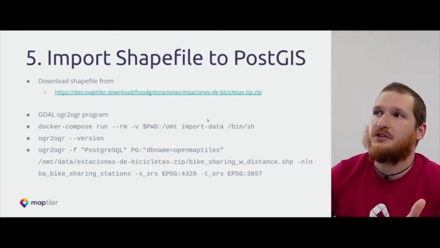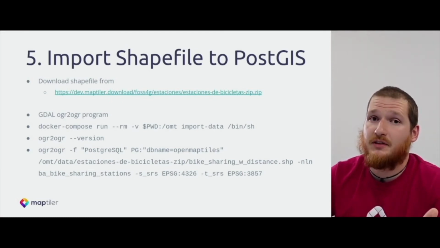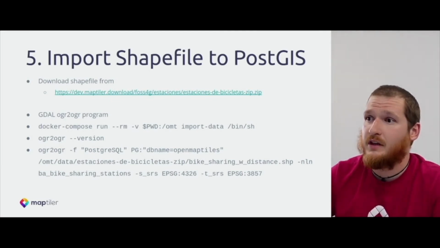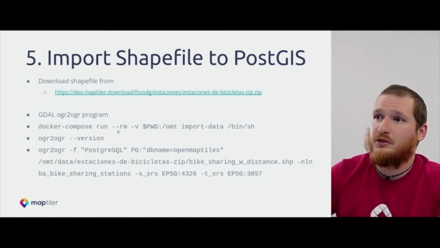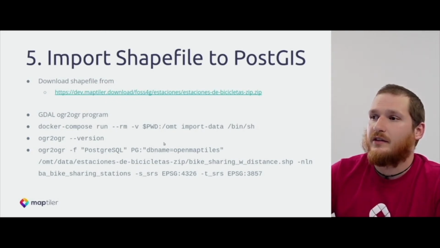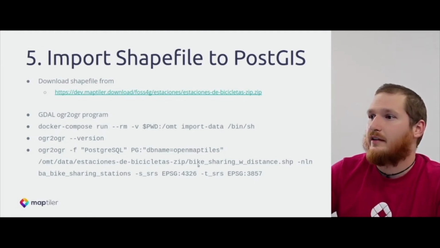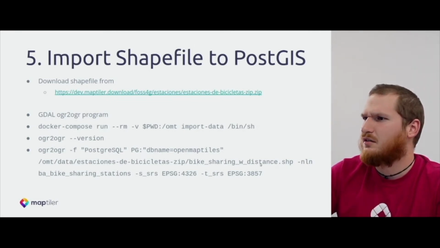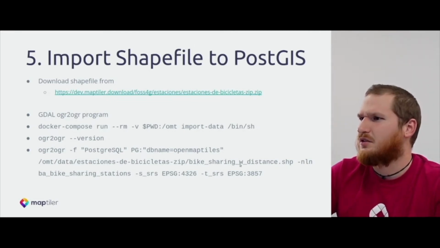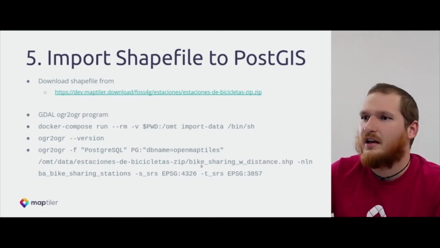The process of importing the shapefile into PostGIS is pretty much the same as importing GeoJSON. So again, we will use the container, and again we will use ogr2ogr, and there is just a small difference. So of course, the path to the shapefile is different. It's in omt/data/estaciones de bicicleta zip, and that is the name of the shapefile. It's not the correct name, I guess. We will fix it.